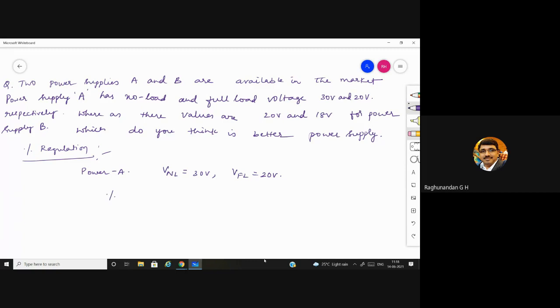Percentage voltage regulation is (V no load minus V full load) divided by V full load, into 100. Substituting, 30 minus 20 by 20 into 100, you get 50%.